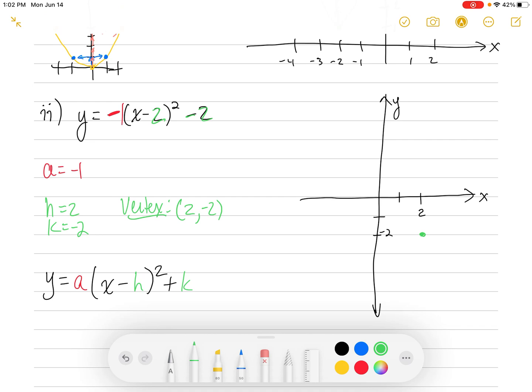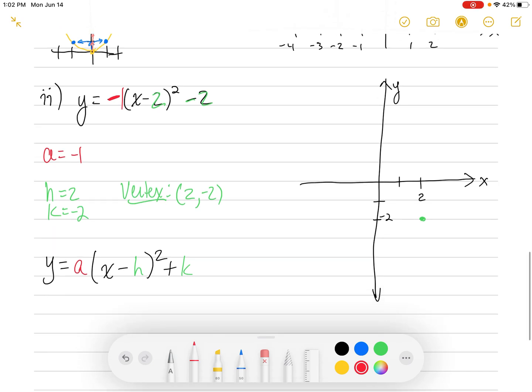So I'll put the vertex right there, 2, negative 2. Now, normally the graph would open upwards as a parabola, but because we have this negative number out front, negative 1, it's going to open downward, so it's going to go upside down.